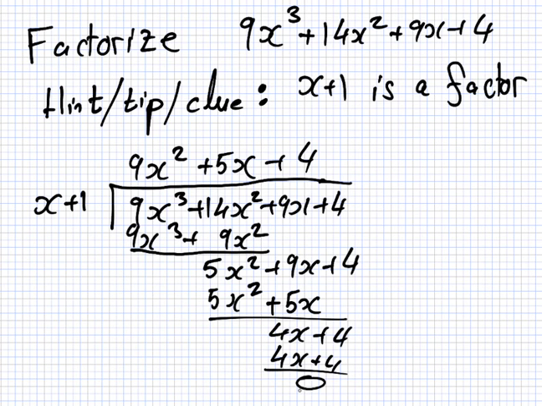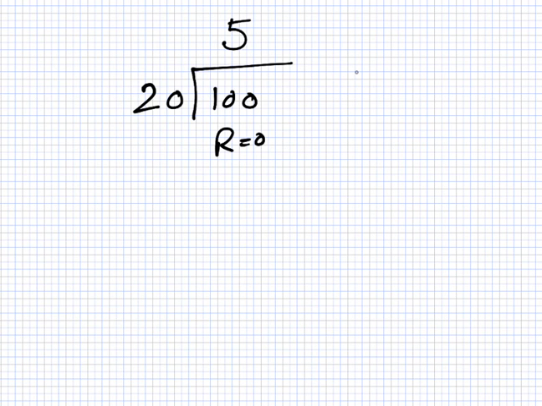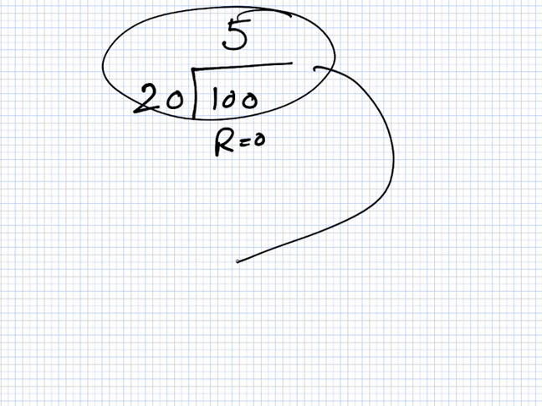Not yet, nearly. If I just go to the side for one moment, I'll come back to here, don't worry. If I say 20 into 100, how many times is that? 5. Any remainder? 0. You can rewrite this as 100 equals 20 times 5.